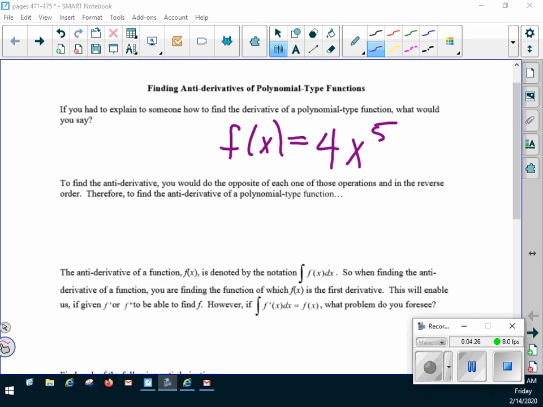Now, did your learner learn what they were supposed to learn? Oh, yeah. Now, learners are only allowed to speak right now. What is the first thing you do when you take the derivative of a polynomial type function? Learners only.